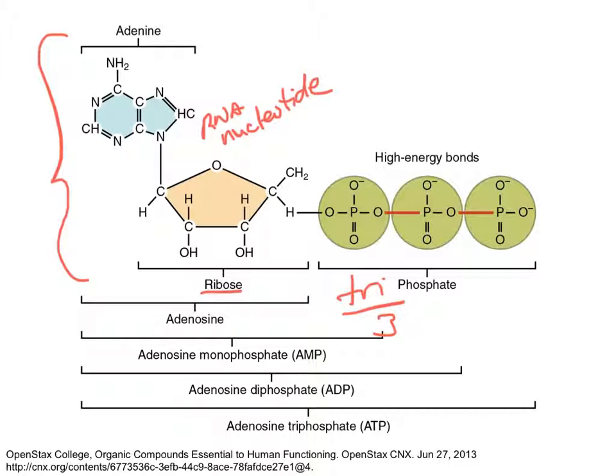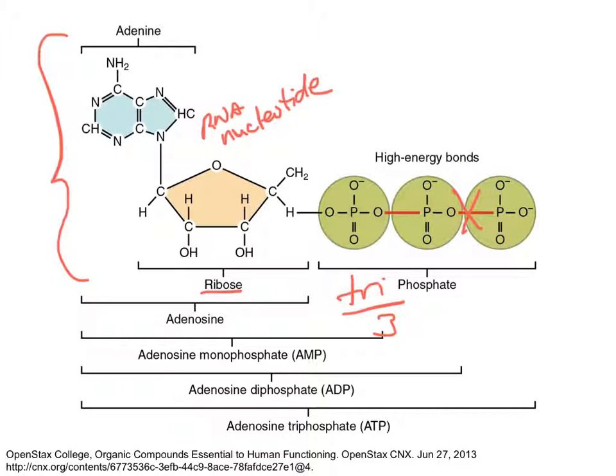When this last bond is broken, the energy that is freed up can be used to power most of the activities of the cell. Your cell can have other molecules do things that they normally wouldn't by exchanging a breakdown of ATP.